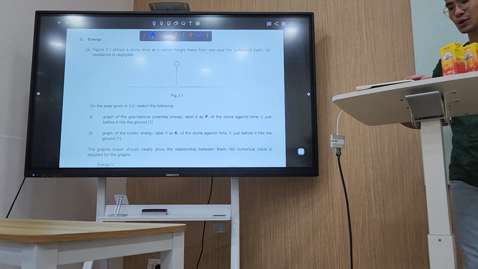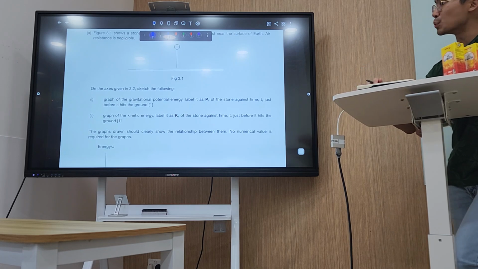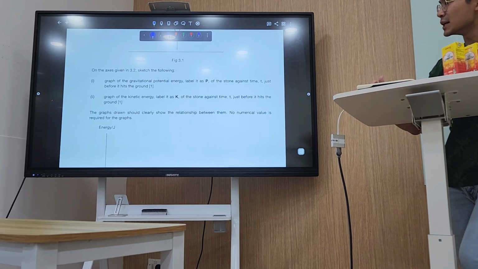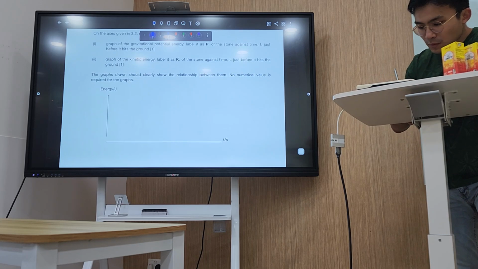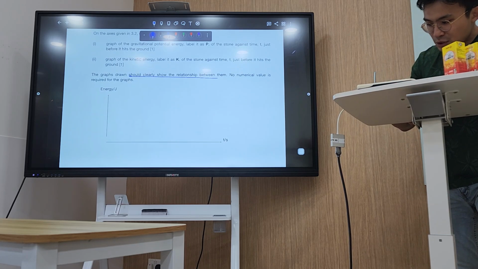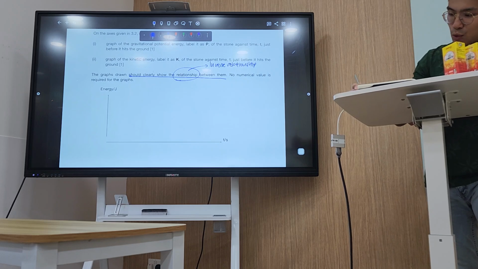Figure 3.1 shows a phone dropped from a certain height from rest. You are supposed to plot gravitational potential energy versus kinetic energy, and it should clearly show the relationship between them. This is an inverse relationship: when one goes down, the other must go up.